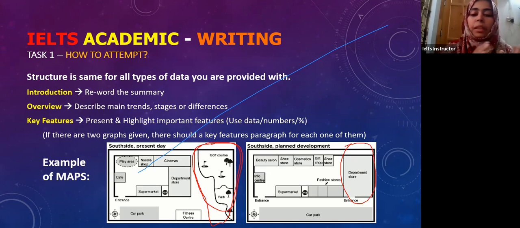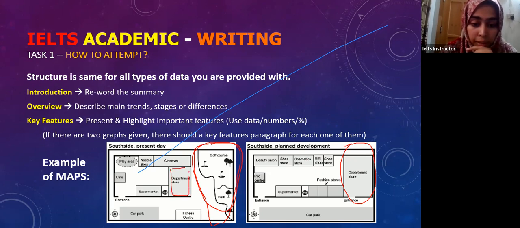That has been completely eliminated. That's one of the most prominent changes I can see. If you look closely, other things can be seen: the department store was very small before, and then it has taken a very large space. So the area of the department store has been increased.